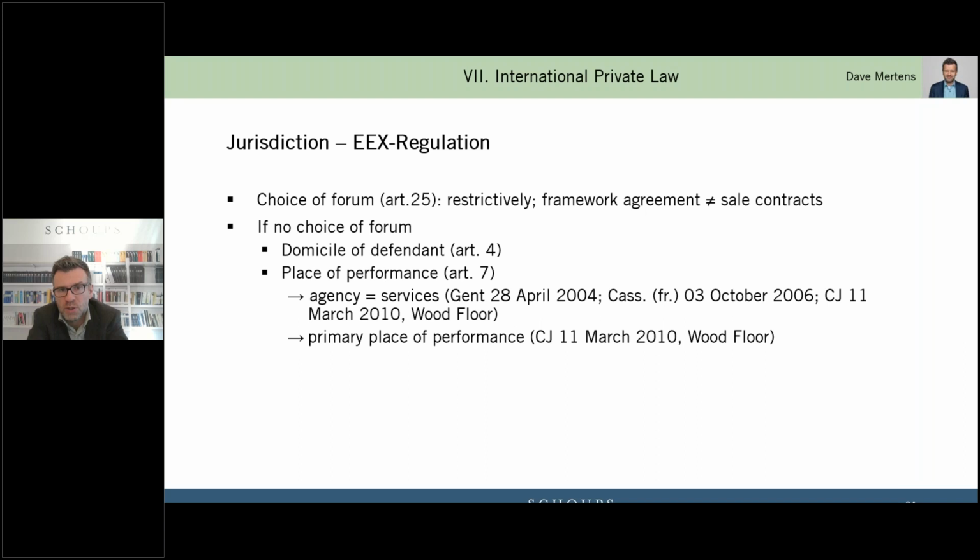So for performance of said services, the mediation, negotiating of transactions, if it's in Belgium, the commercial agent could bring his claim not in Madrid, for instance, against the principal, but in his own territory in Belgium. So this is a reason why it's advisable as a principal to put something different in the clauses to avoid that you have to go litigate in the territory of your former agent.